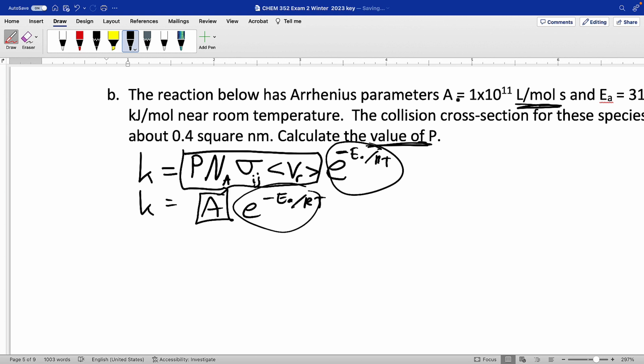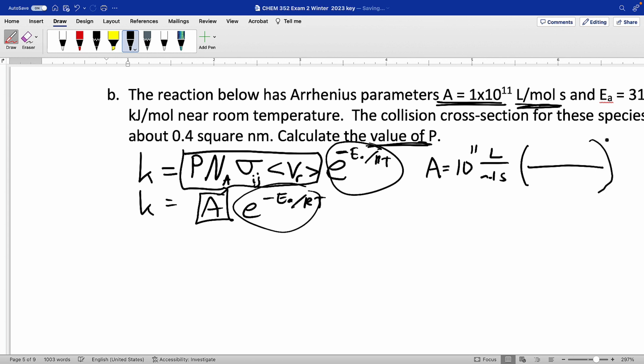All right, and we have that, so we can just solve for our steric factor P. And to do that, we're going to want to put things into the same units. So let's use SI units, and so let's convert our A into SI units and take it out of chemist units. So we said it was 10 to the 11th liters per mole per second.